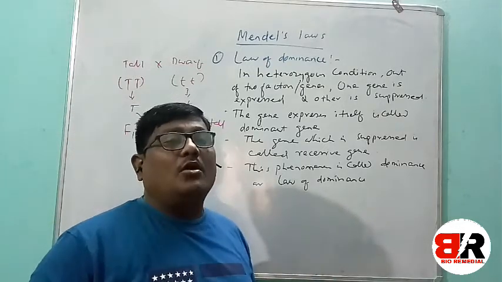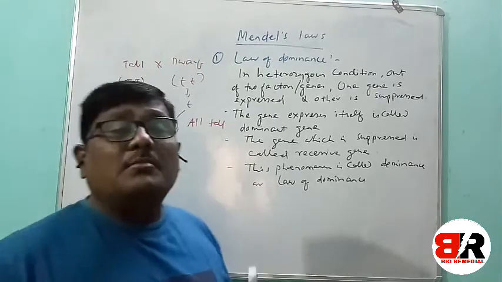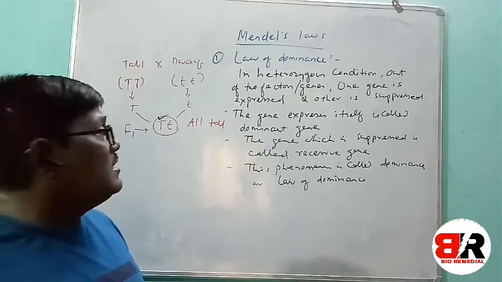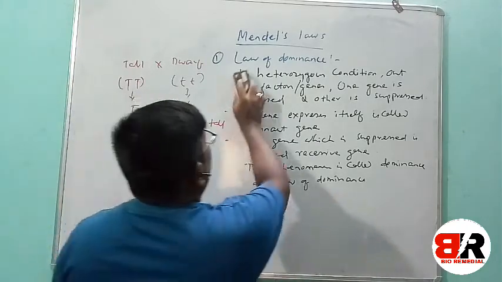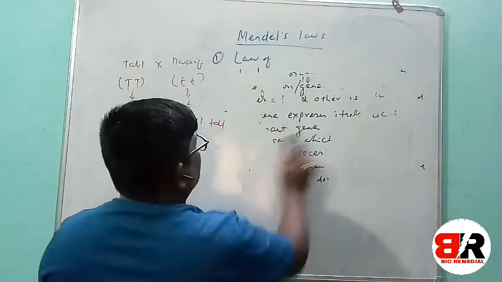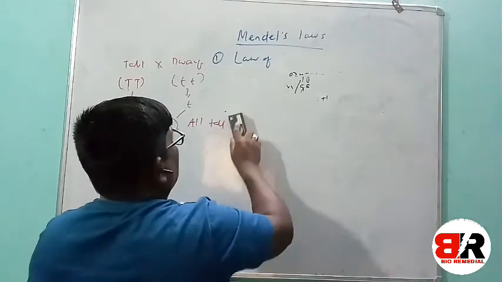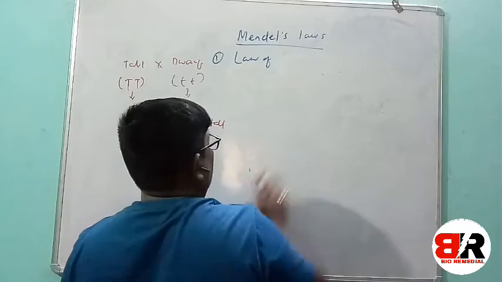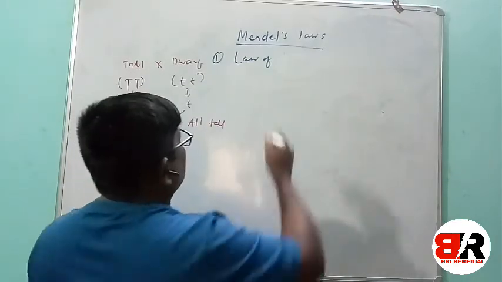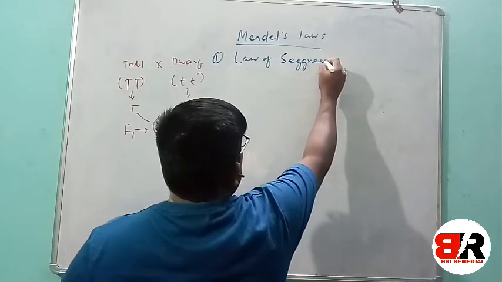Students, the next law, the law of segregation, Mendel also obtained from this monohybrid experiment. What does the law of segregation say? Students, segregation means separation. So the law of segregation says that the genes, the factors, are segregated.